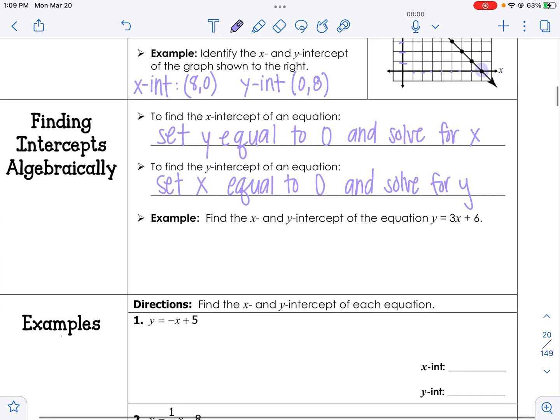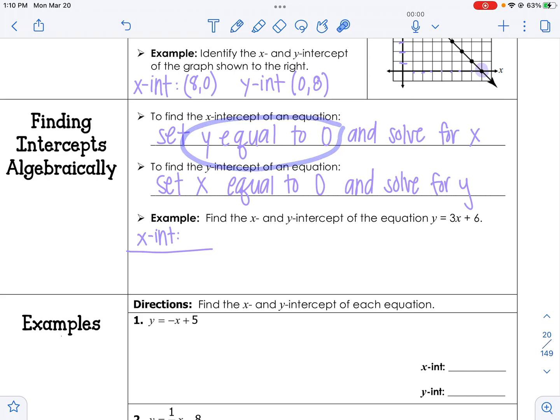So down below is an example. It says find the x and y intercept of the equation y equals 3x plus 6. First I'll start with the x-intercept. As a reminder, when I'm looking for that, I'm going to set y equal to 0. So rather than writing y equals 3x plus 6, I'm going to write 0 equals 3x plus 6, just substituting 0 for y.